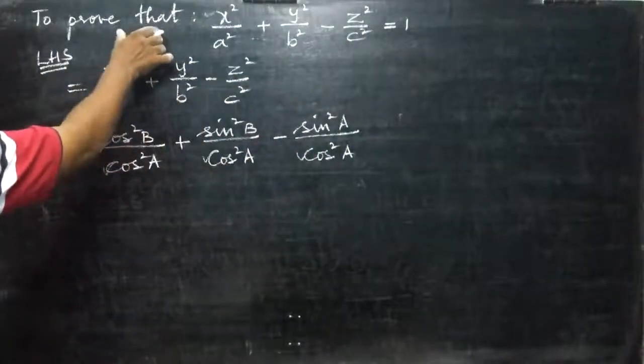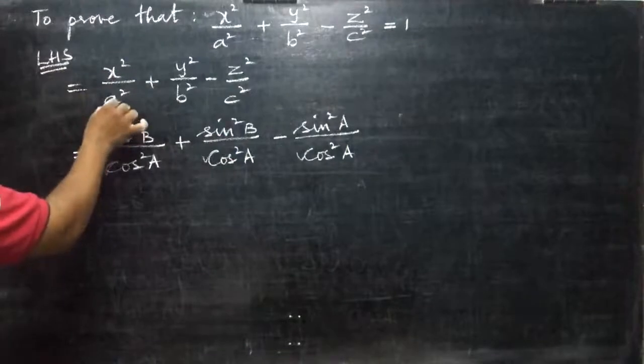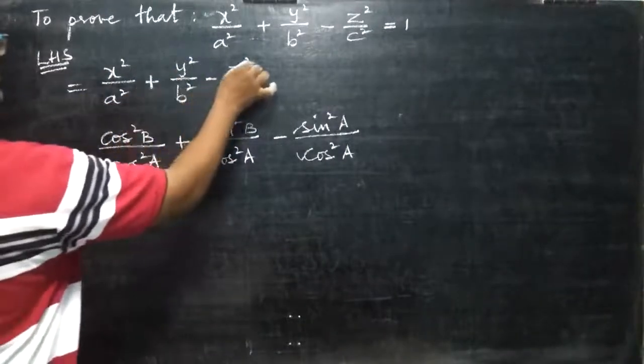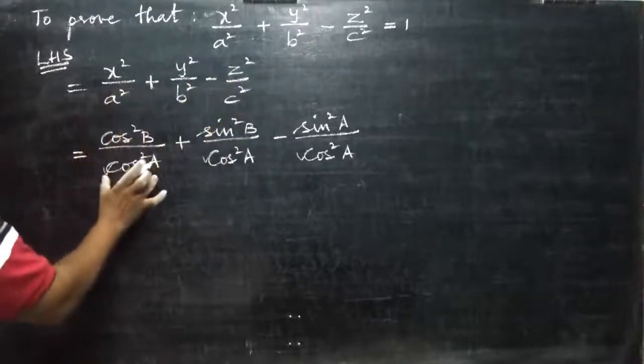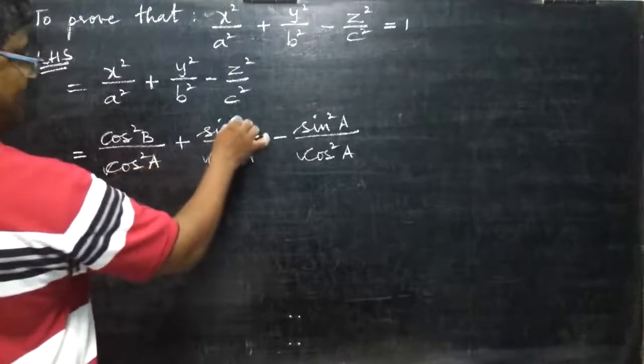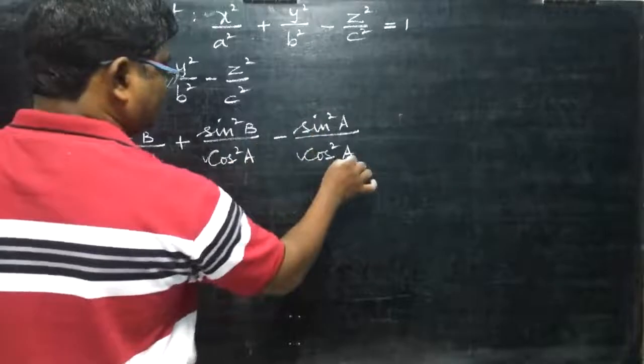Whenever we prove, take LHS first. What is the LHS? x square by a square plus y square by b square minus z square by c square. Now replace those values. What we got: cos square B by cos square A plus sin square B by cos square A minus sin square A by cos square A.